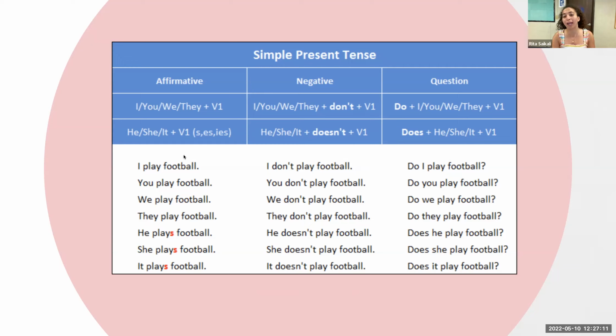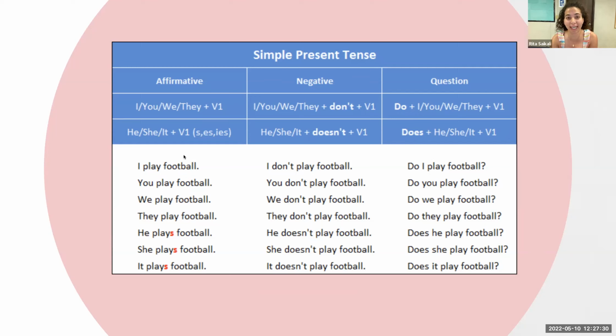Okay. And when we want to form a question generally in simple present, we use do or does at the beginning of the sentence, and then we add a question mark.